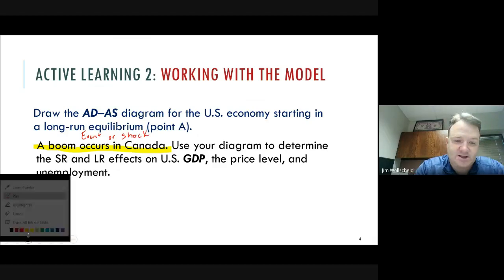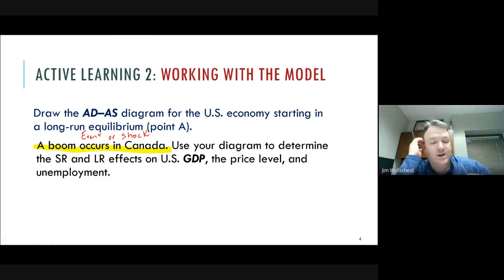Either way is correct. If you read economic textbooks, they'll sometimes talk about a shock to the system. So what changed in the system that caused our diagram to change? So here's the shock to the system.